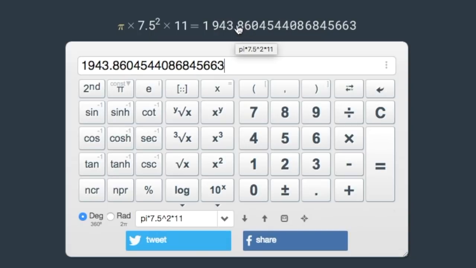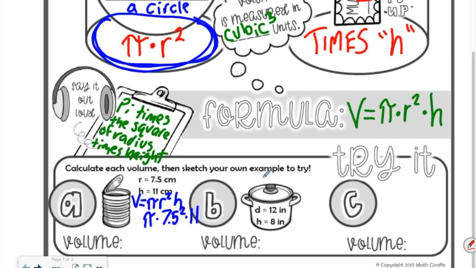Let's just round it up to 9. And again, that is cubic. Make sure that when you type in your answer or write down your answer, 1,943.9 centimeters cubed. Okay, our next example, it says D equals 12, and that means diameter.